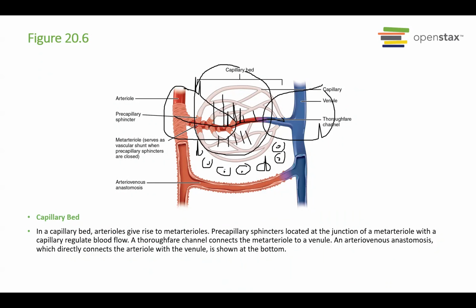On this side, the oxygen and the nutrient will be pressed out, and then go to the cell. On the other side over here, the cell produces waste product. It then will go to this venule side to be delivered to the waste area, like maybe the lungs or the kidneys. So this is again the capillary bed.